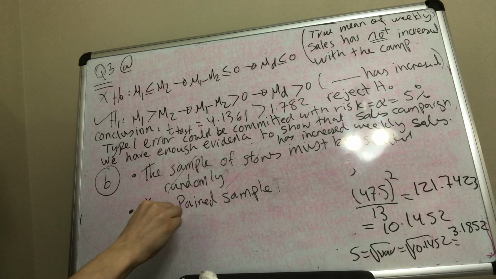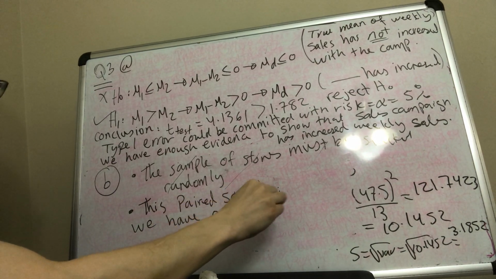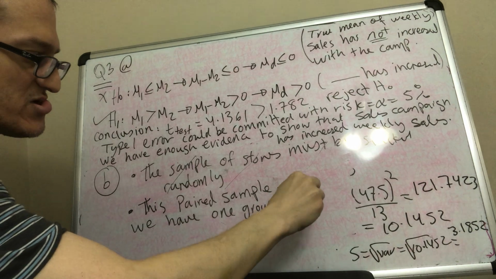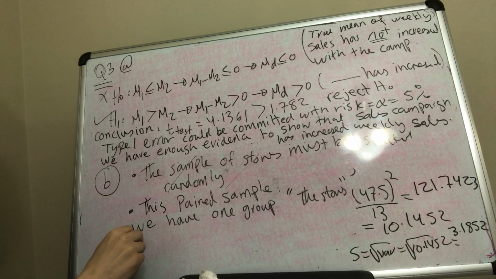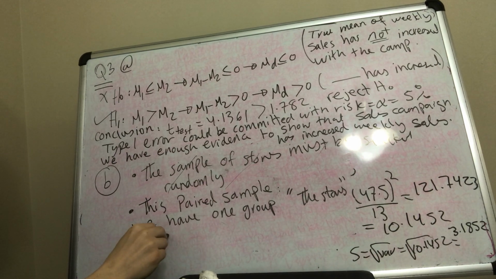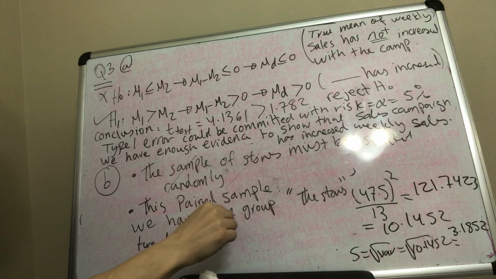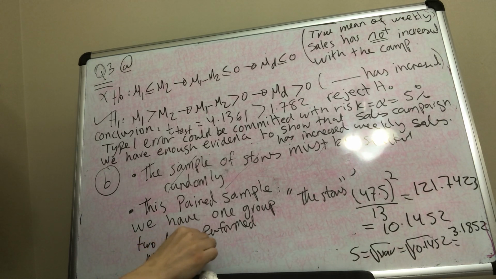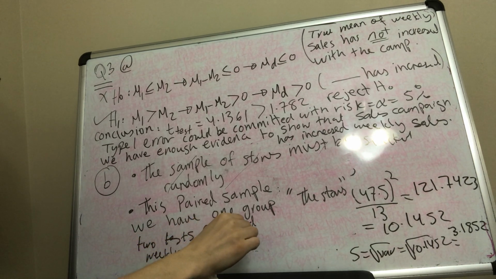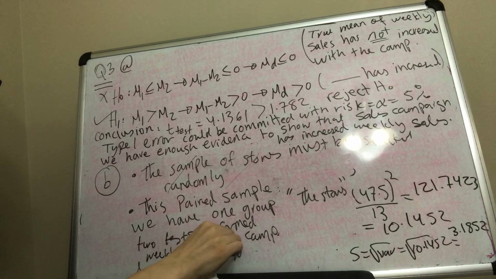We have one group, the stores, two tests performed, weekly sales for campaign, weekly sales, no campaign.